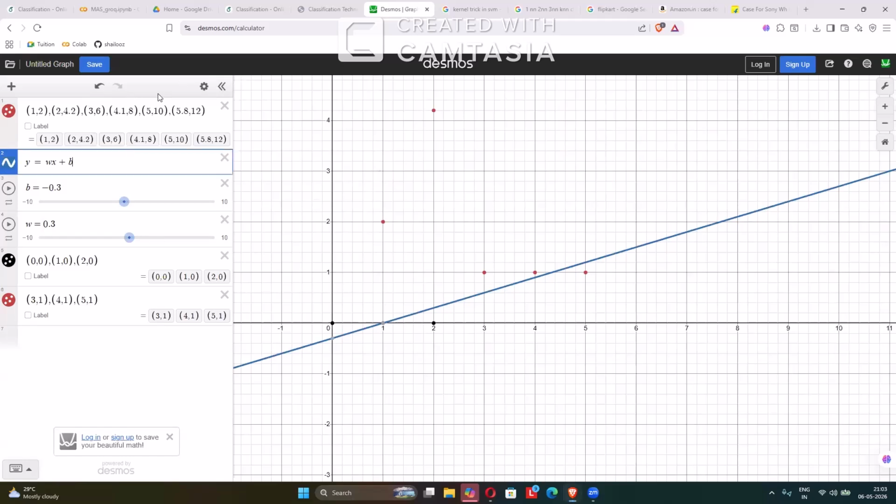That function is something like z is equal to 1 by 1 plus e raised to minus y.